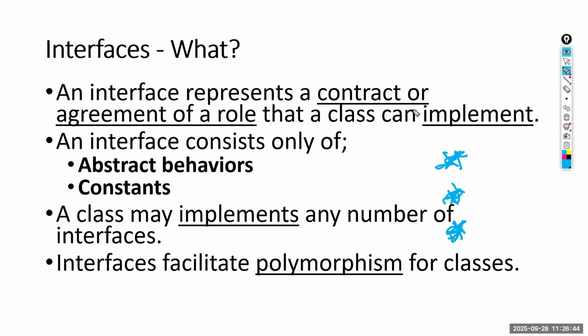So interfaces are 100% for polymorphism. Interfaces have no connection with inheritance. Interfaces are not for inheritance, they are for polymorphism. But there can be inheritance between interfaces. So interfaces facilitate polymorphism for classes.